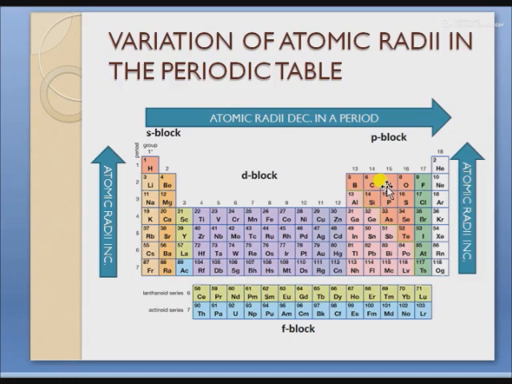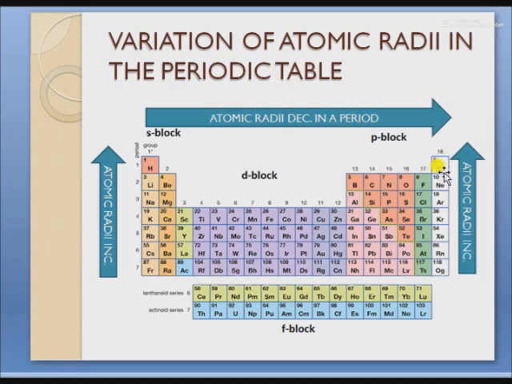However, in oxygen, inter-electronic repulsions outweigh the effect of increased nuclear charge, and hence the atomic size of oxygen increases. Further, in case of fluorine, the enhanced nuclear charge outweighs the electronic repulsion, and hence size decreases.